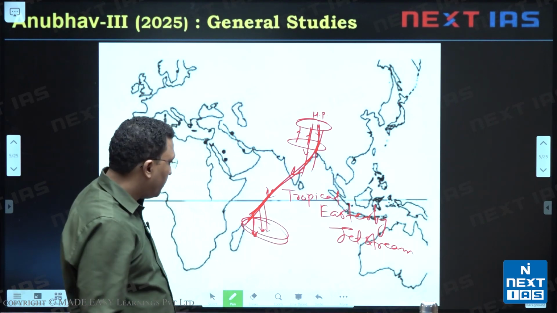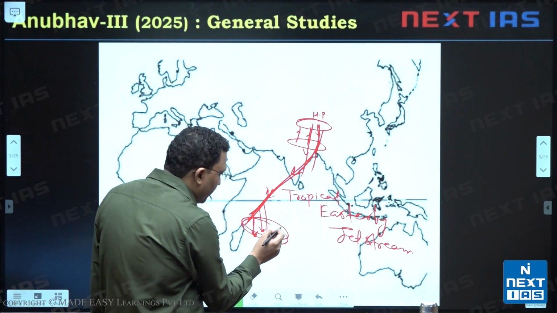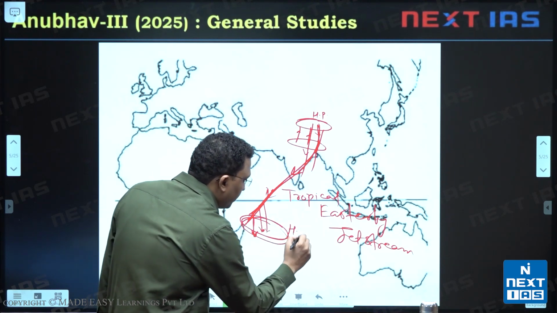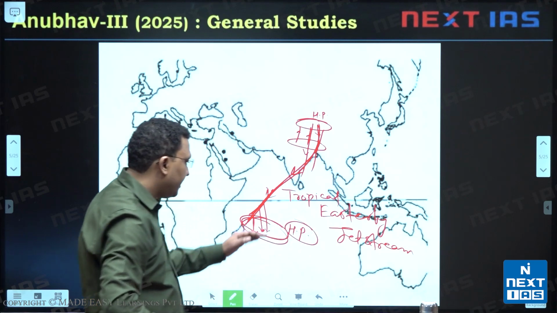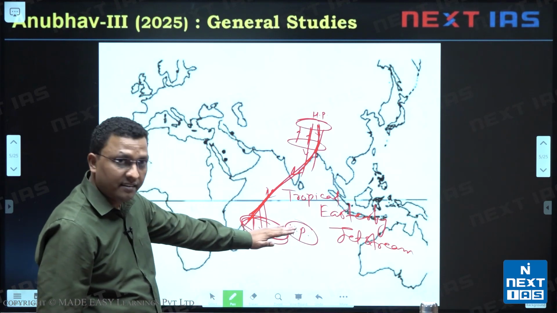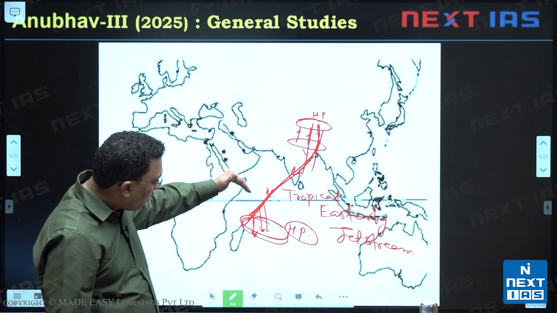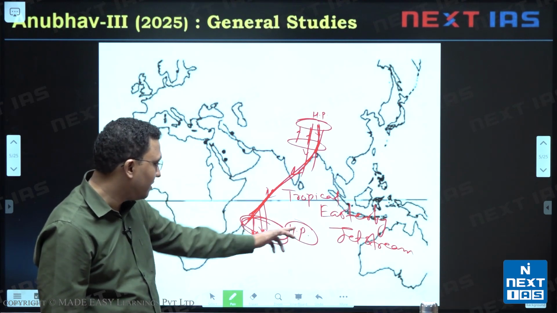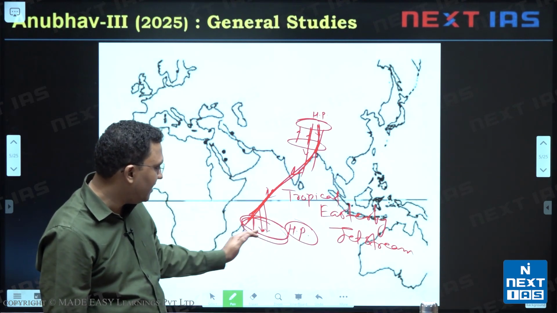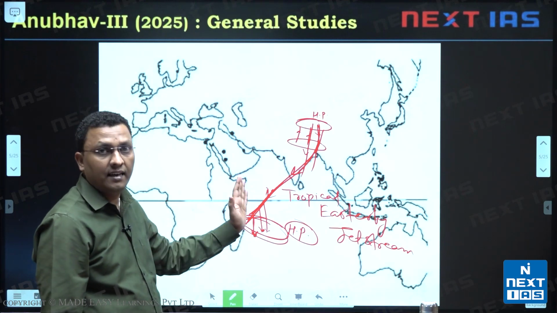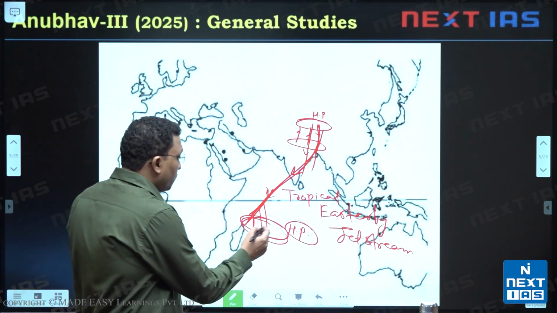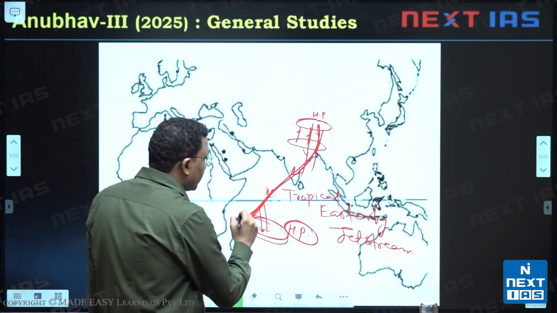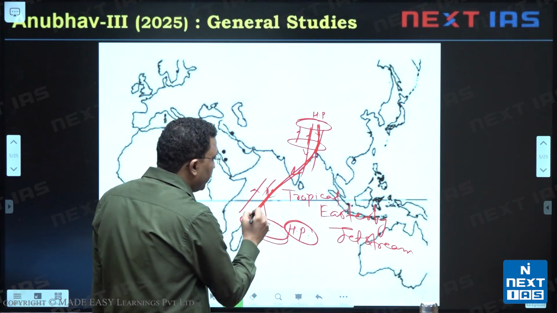Because of subsidence of air from this jet stream, this region gets high pressure. There is already high pressure in this region during the summer months. Because of subsidence of air from this jet stream, this high pressure in this region gets strengthened.